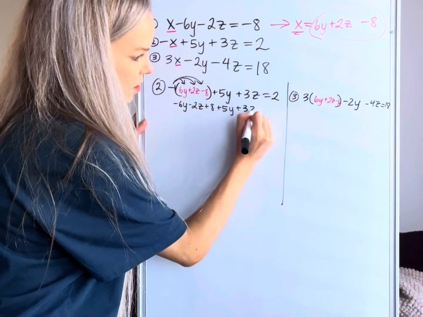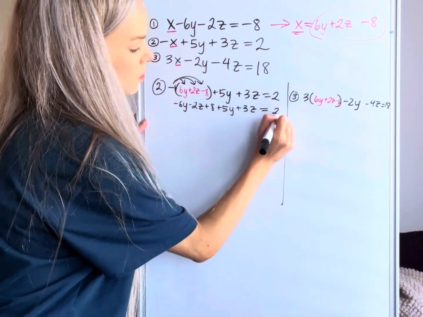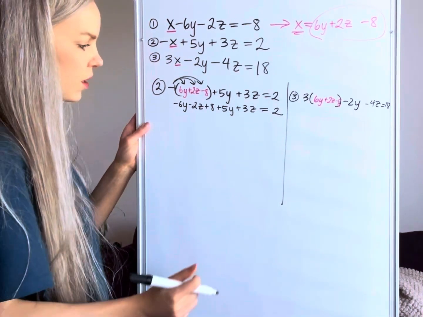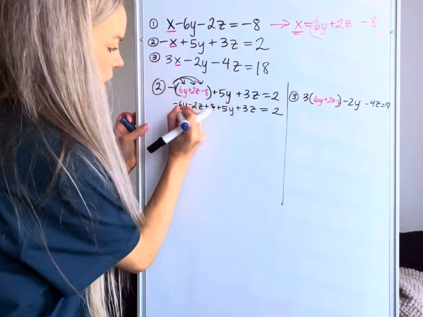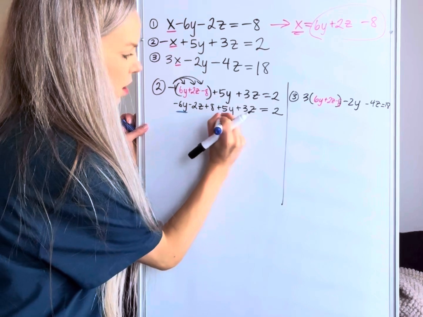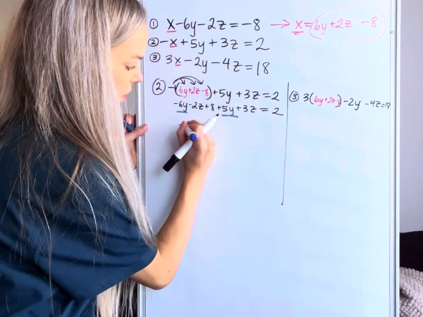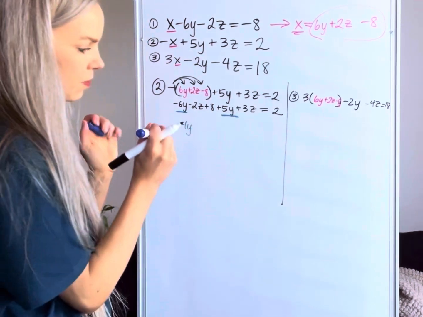Copying down the rest of the equation. And then we're going to combine our like terms. I've got a negative 6y and a positive 5y for negative 1y.